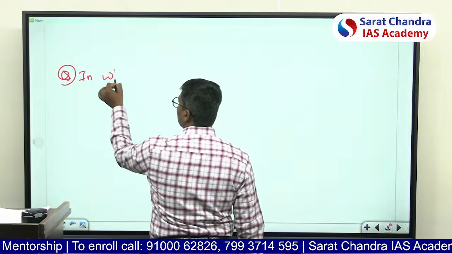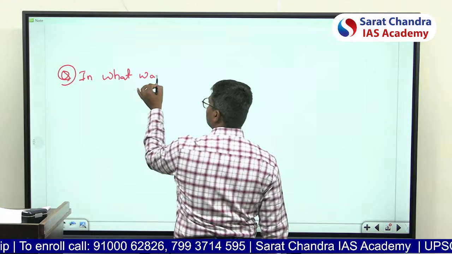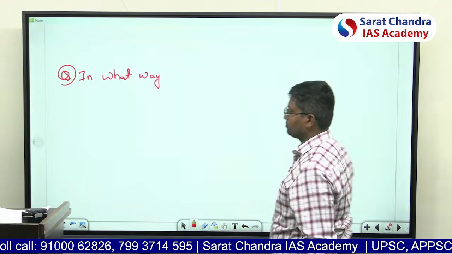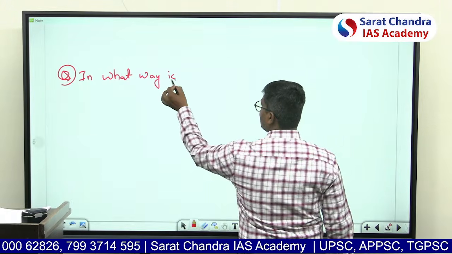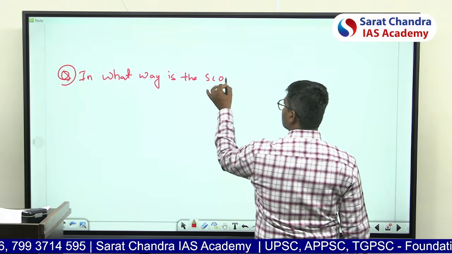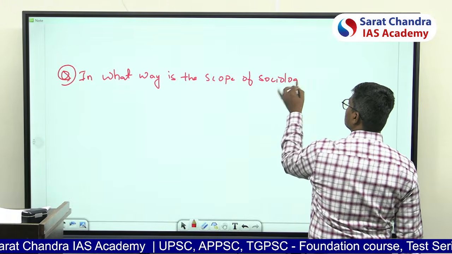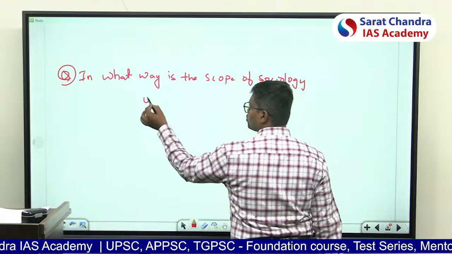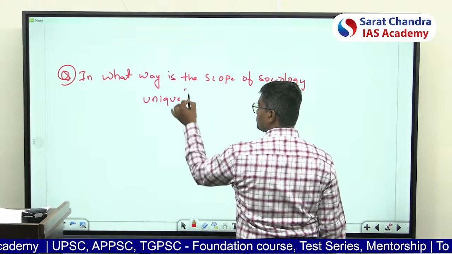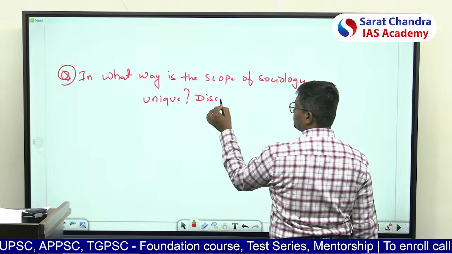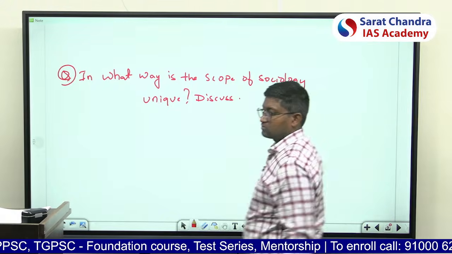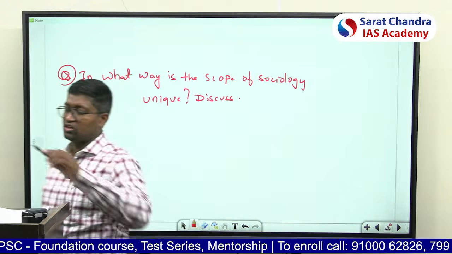In what way is the scope of sociology unique? Discuss. In what way is the scope of sociology unique?